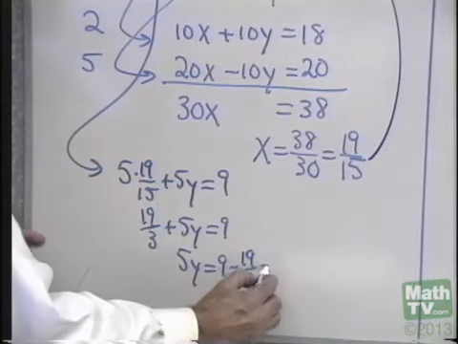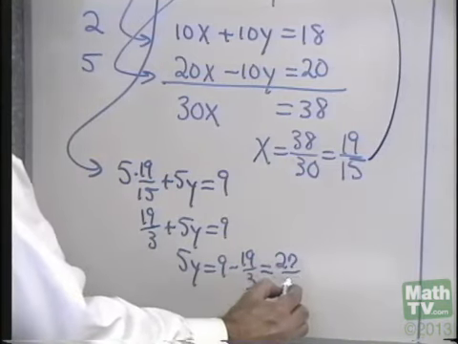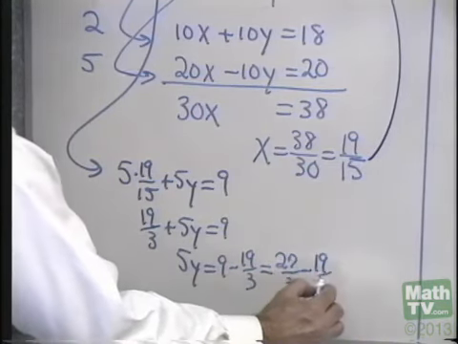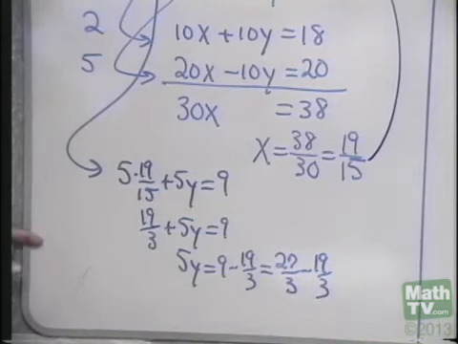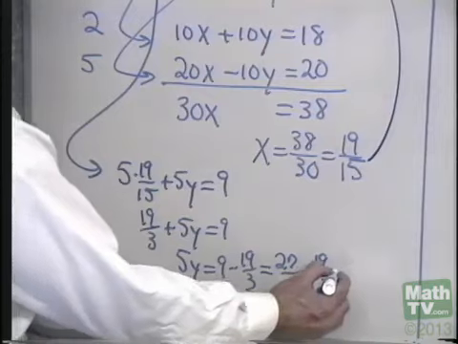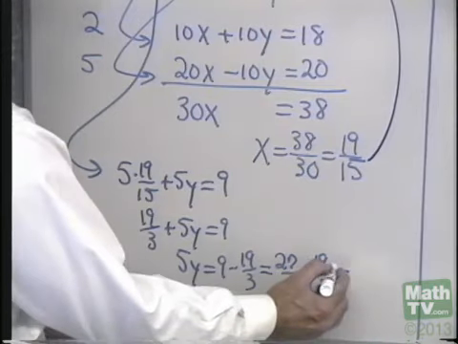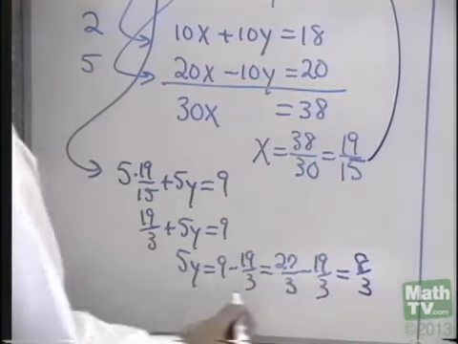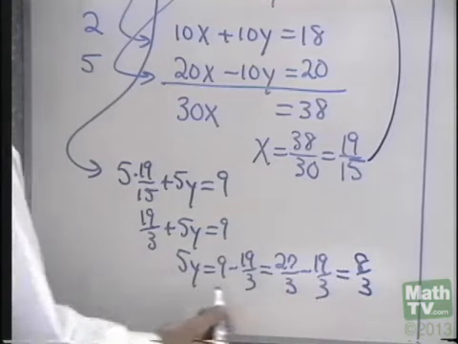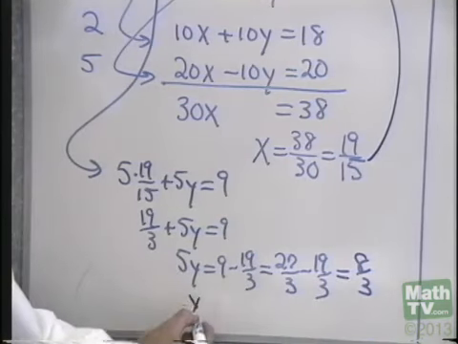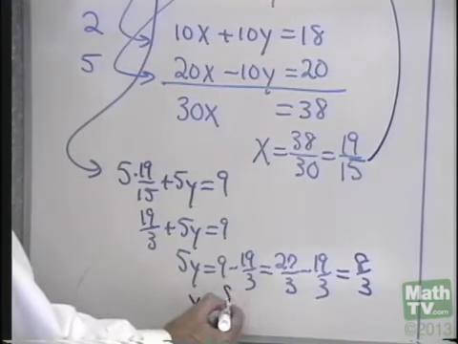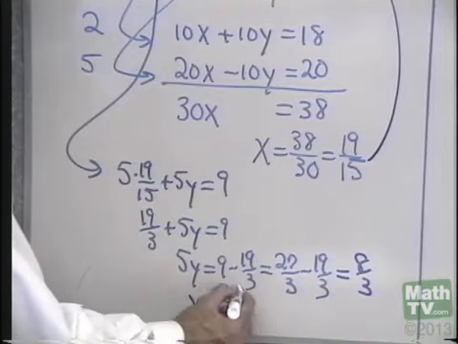Now 9 is 27/3 minus 19/3. So let's see, 27 minus 19 is 8. So 5y is equal to 8/3. I multiply both sides by 1/5, and I get y is equal to 8/15.